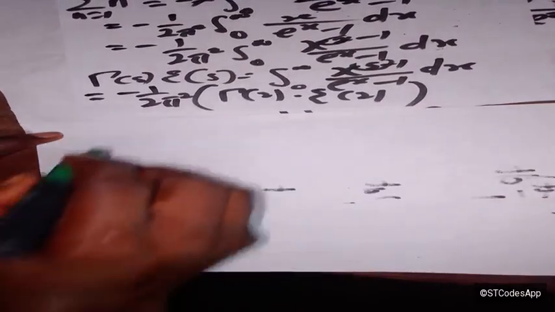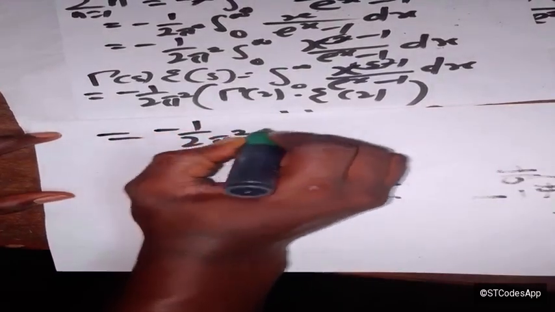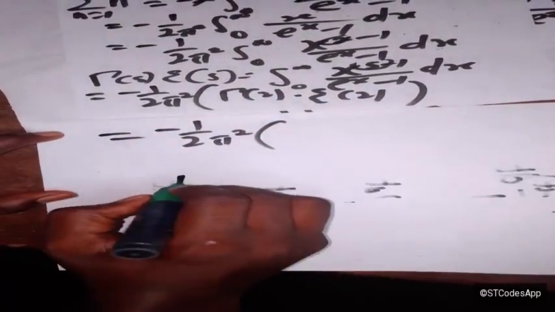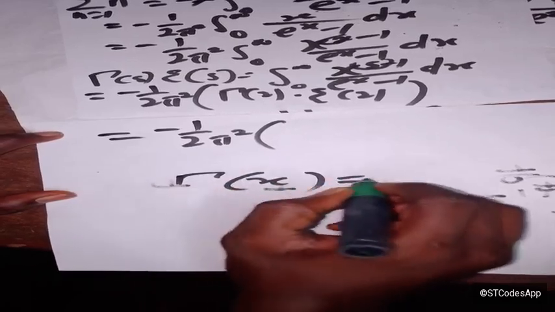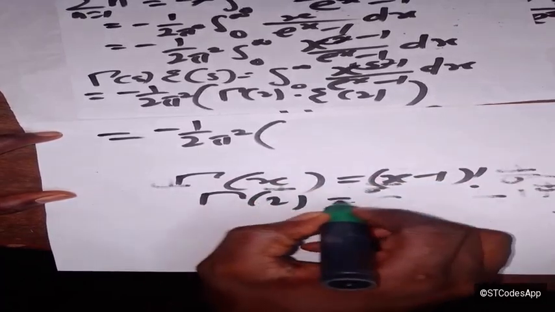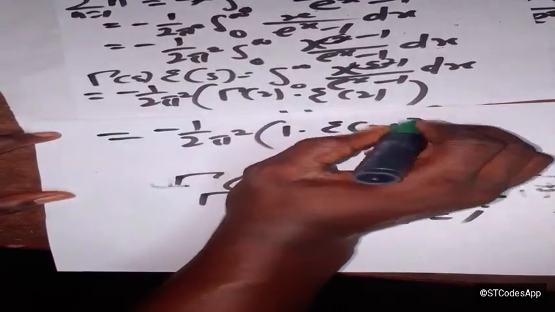Let's finalize the solution here. That will be equal to minus 1 over 2π². Gamma of 2: if gamma of x is equal to (x minus 1) factorial, then gamma of 2 is equal to (2 minus 1) factorial, which is 1 factorial, which is equal to 1. So that will be 1 multiplied by zeta of 2.